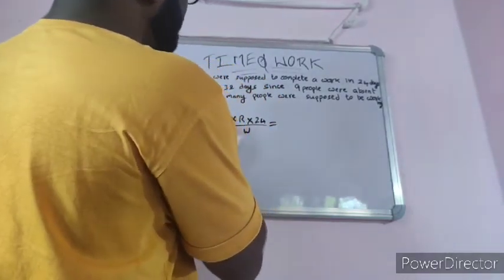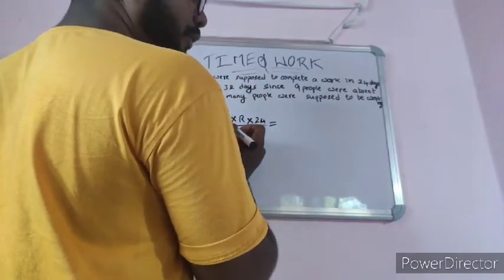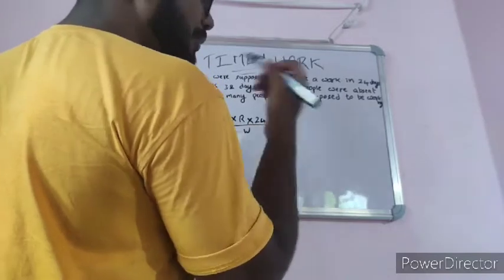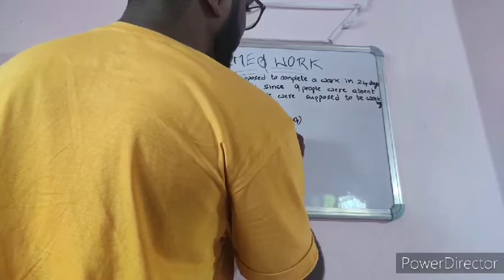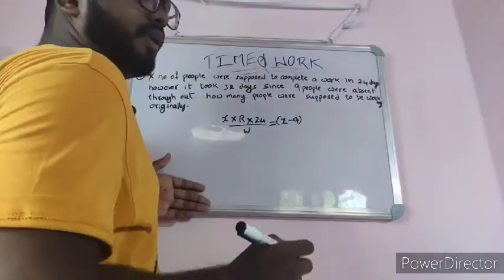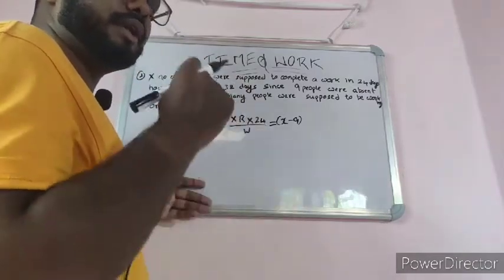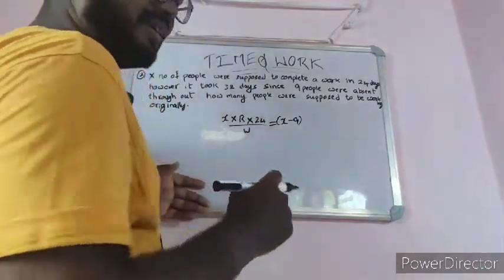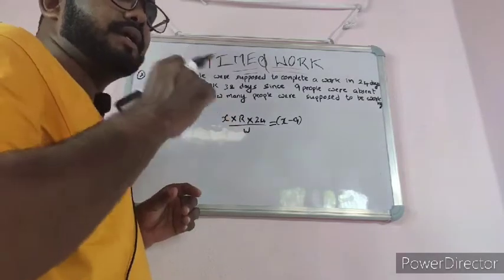So what happened next is, since 9 people were absent, originally we had X people appointed, but 9 people were absent from the X people, so X minus 9. This is what we need to understand. Whenever we solve an aptitude question, we need to understand it first. Aptitude is very simple and very easy. The thing is, you need to understand.